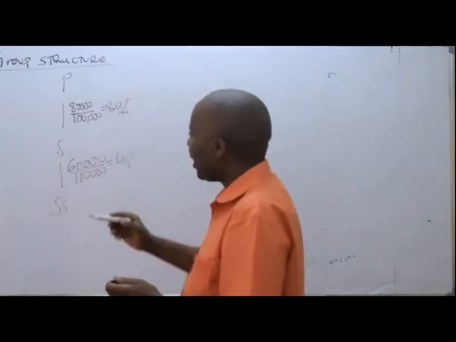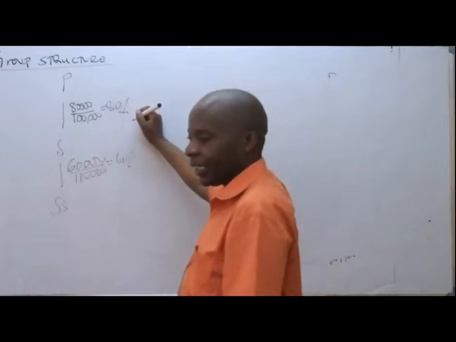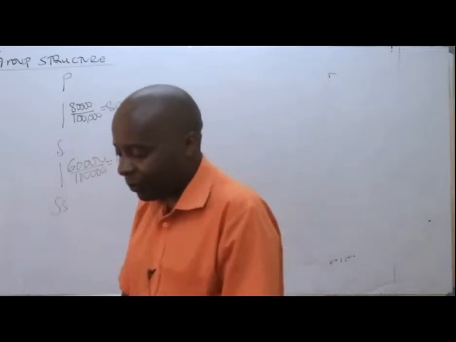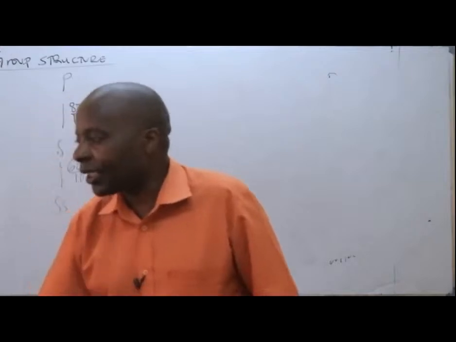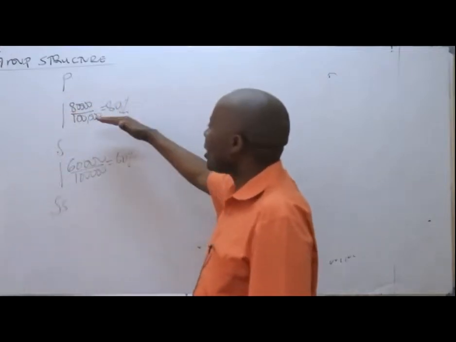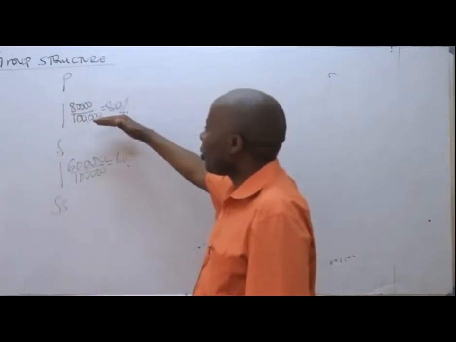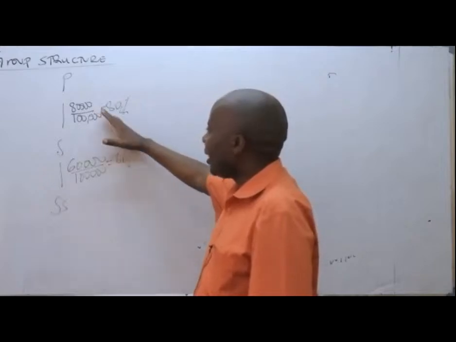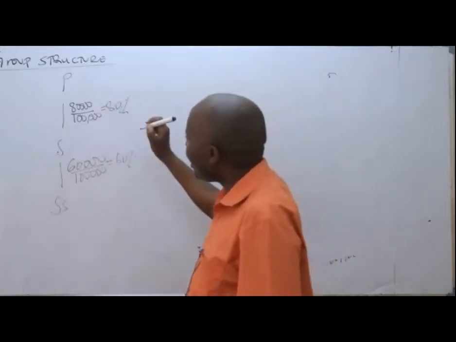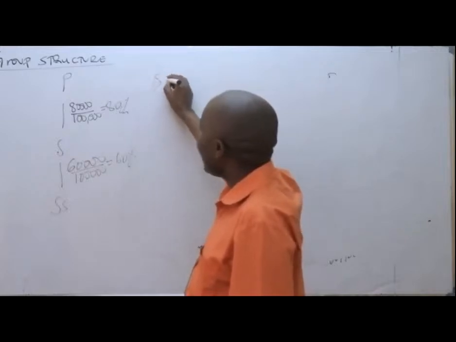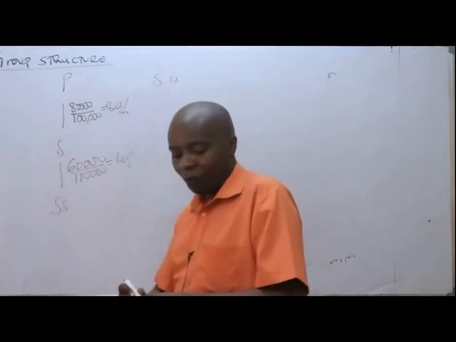So we have here, of course, more than 50%. And in the absence of information that tells us that, fine, you guys have got this high percentage, but you are not controllers, here there is no qualitative information. So what are we able to see? We are able to see straight away that S is a subsidiary of P.